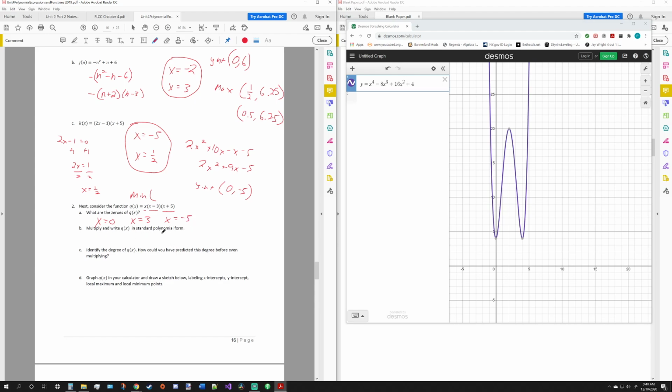Write it in standard form means double distribute. So double distribute the parentheses first, and then distribute the x last. So when I double distribute the parentheses, I get x squared plus 5x minus 3x minus 15.